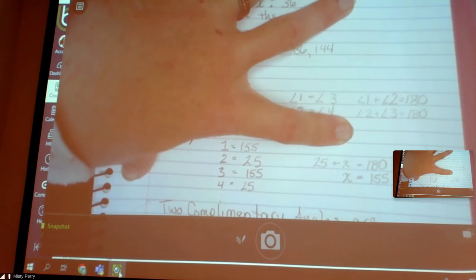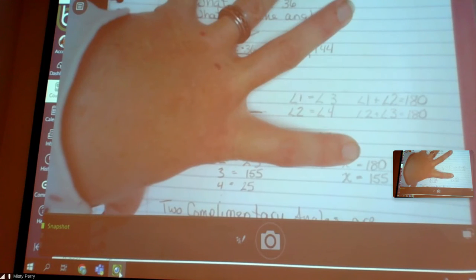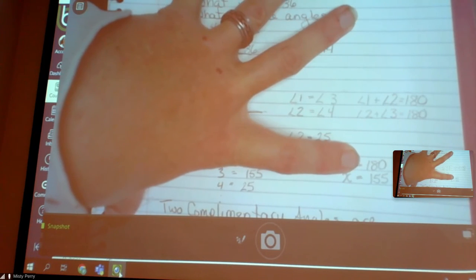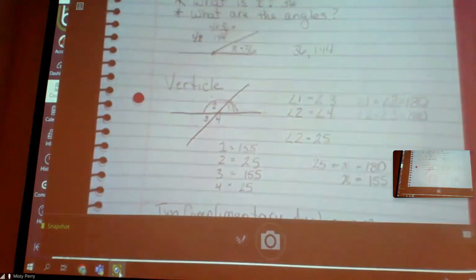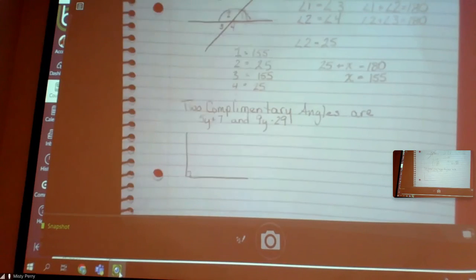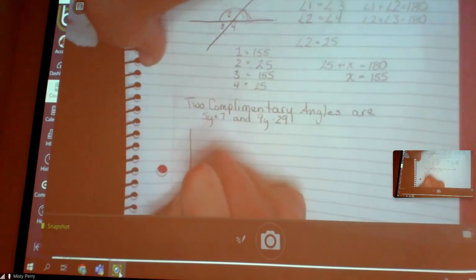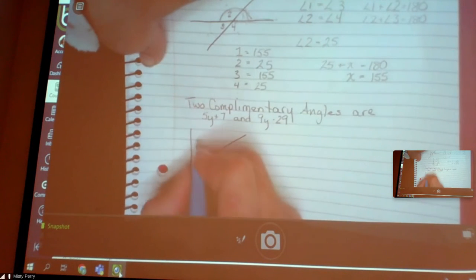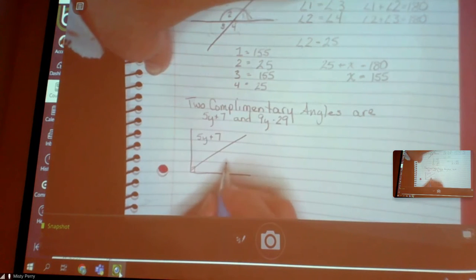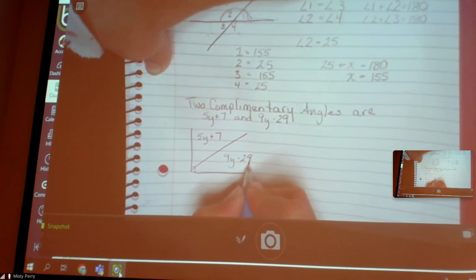Find the measures. Okay. So if I were to draw this, it's going to be 90 degrees because it is a complementary, so it equals 90 degrees. I know I'm going to have my two angles. One of them is going to be 5y plus 7. The other one will be 9y minus 29.